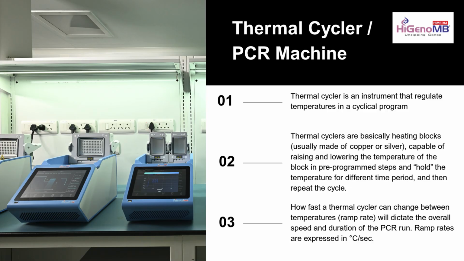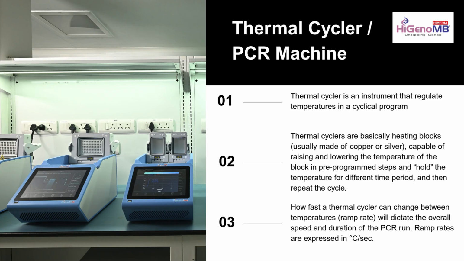It's nothing but a heating block. The heating block is made up of copper or silver. You would have studied in your 8th grade what is a good conductor of electricity and what is a bad conductor. Copper and silver are good conductors because these are metals. So such a metal is used to make this heating block, because we are going to raise and lower the temperature at different stages of PCR.